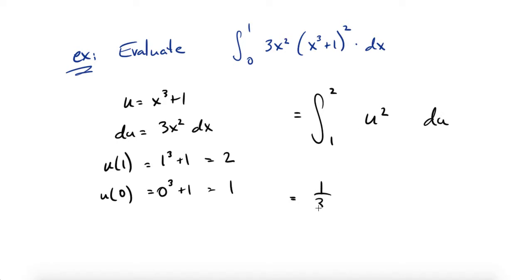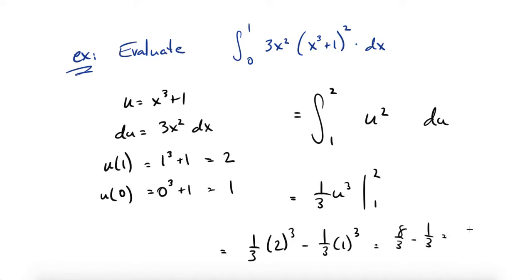So this should be 1/3 u cubed, evaluated from 1 to 2. So I'll get 1/3 times 2 cubed minus 1/3 times 1 cubed, or 8/3 minus 1/3, for a grand total of 7/3.